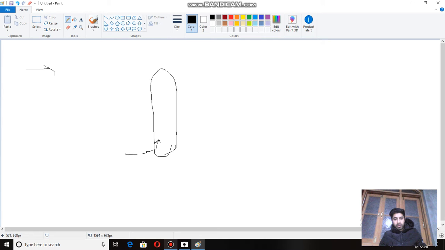In this absorption column, gas, for example ammonia, NH3, is sent from the bottom, and liquid, that is water, is sent from the top. This is water and this is gas going up.